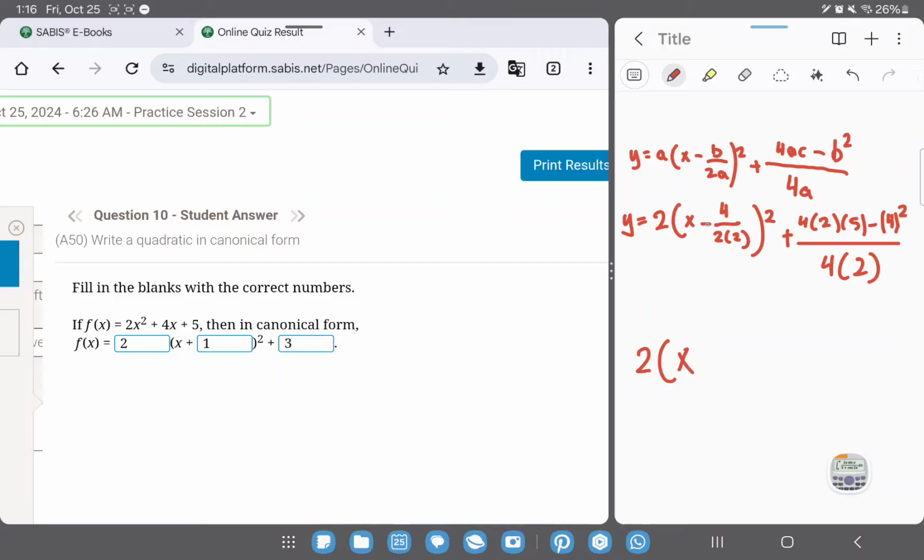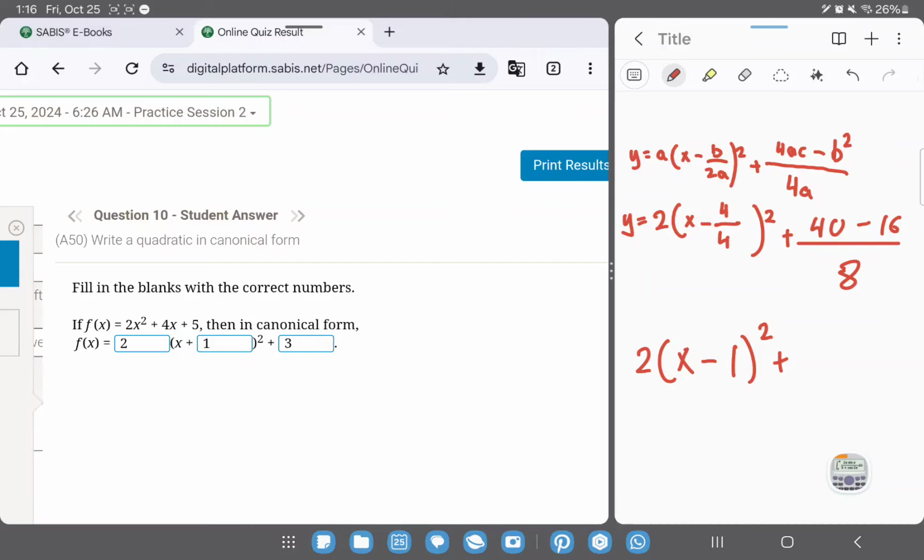X minus 4 over 4, because this will become 4, so 1 squared, plus 4 times 2 times 5. This could all be rewritten as 4 times 2 is 8, 8 times 5 is 40, so 40 minus 4 squared, which is 16, over 4 times 2, which is 8.